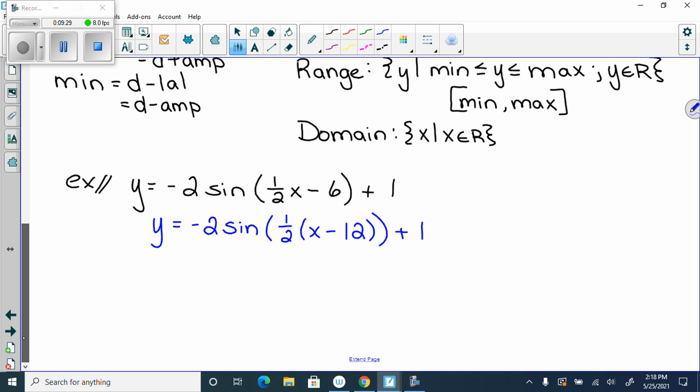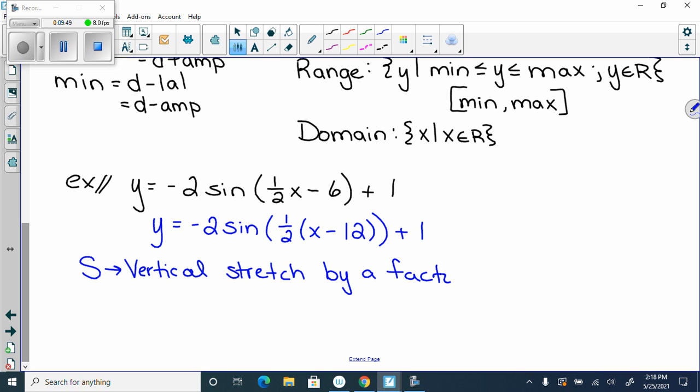So what if I ask you for transformations? What are our stretches? A vertical stretch by a factor of 2 about the x-axis.